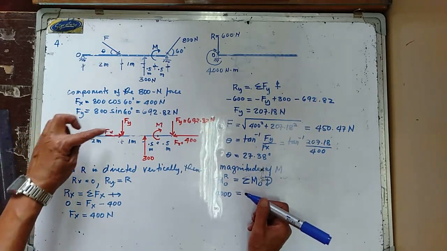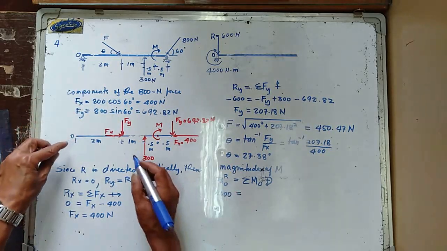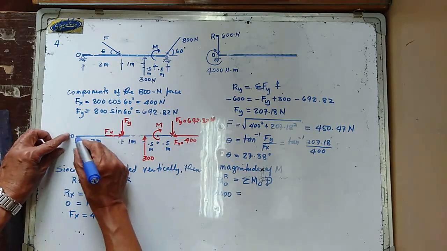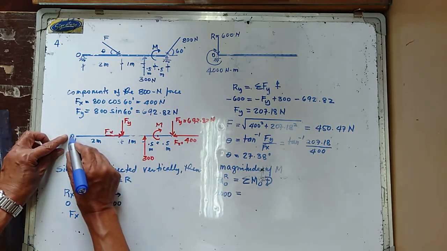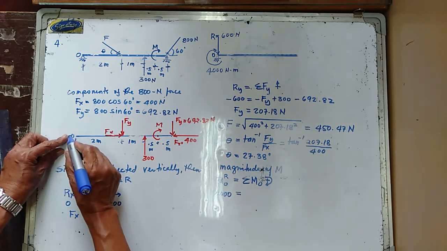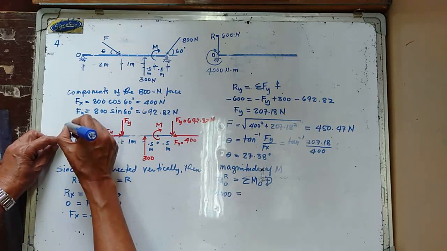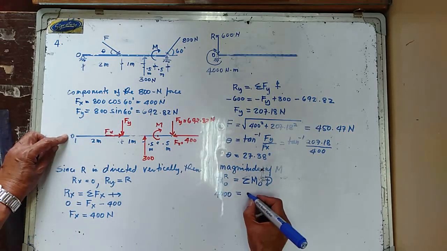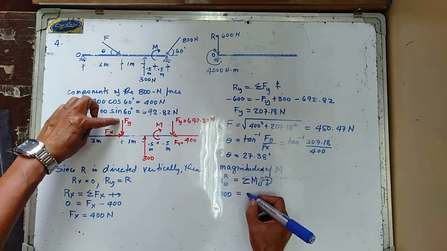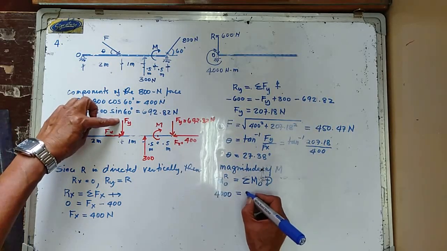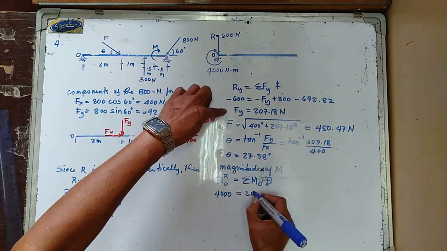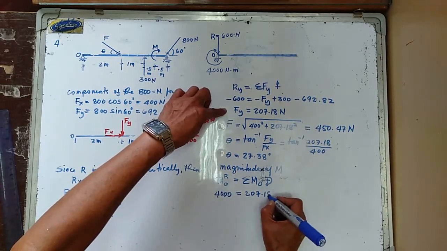about point O, Fx. This Fx has no moment about point O because it passes through your moment center. Fy is clockwise, so we have positive Fy, and the value of Fy is 207.18.